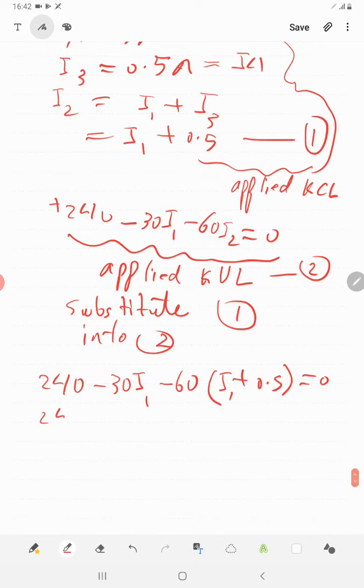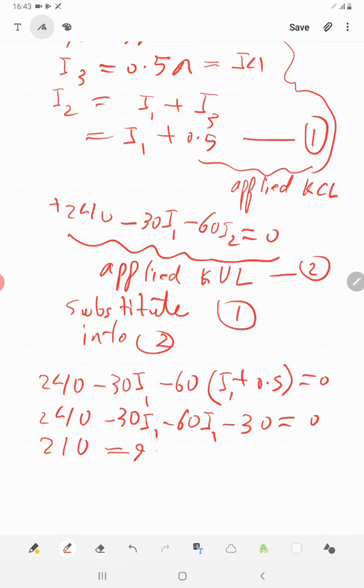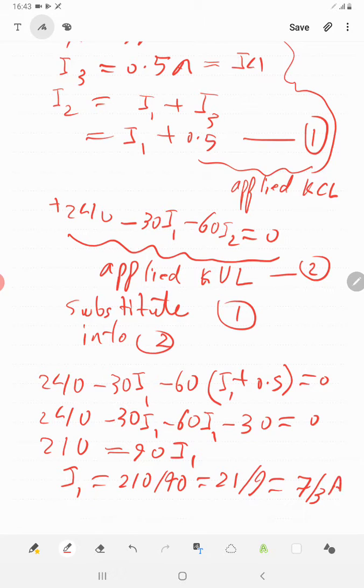So this will give you 240 minus 30 I1 minus 60 I1 minus 30 equal 0, right? So 240 minus 30 is 210 equal 90 I1, and I1 equals 210 divided by 90, which is 21 divided by 9, which is 7 divided by 3 amps.